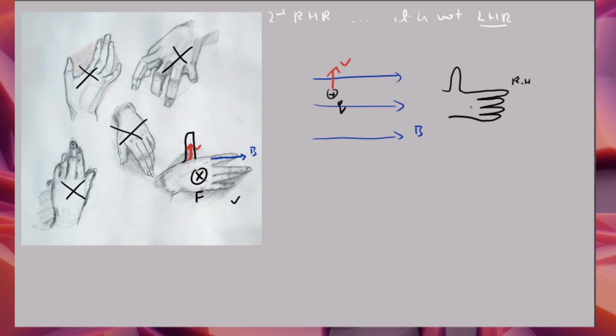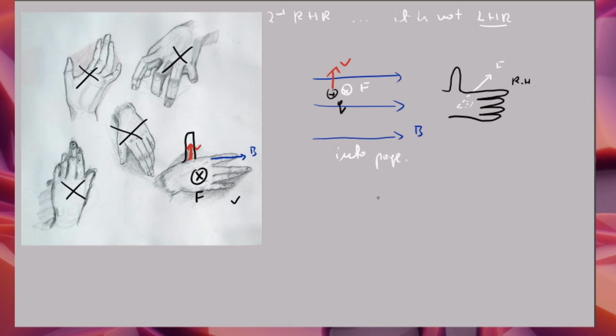And the force comes out of the palm of your hand. So the force would be pointing, start here, and then it points out of the palm of your hand, extends like that. Here's your force F. So it would be into the page. You would put this as the force F, it's into the page.